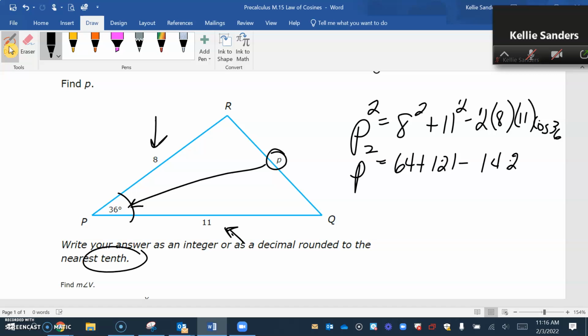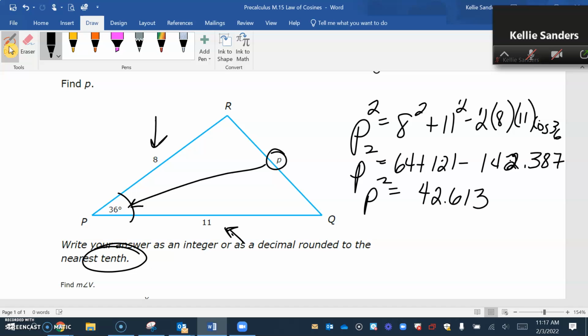Because we're rounding to the nearest tenth, I don't want to round to the nearest tenth yet because I still have work to do. So I'm going to round to like the thousandth. That gives me plenty of room to be able to go to the tenth spot in a little bit. Now I'm going to add all of those up. So 64 plus 121 minus 142.387 and get 42.613.